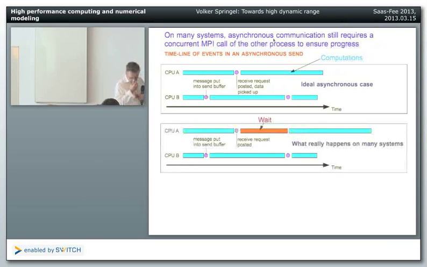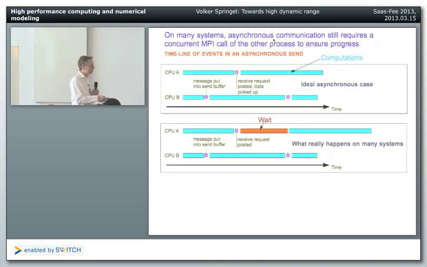But actually, often if this message is large, many MPI libraries, though maybe some have improved, this is system dependent, will do this: B puts this into a send buffer and flags it, but when A wants to pick it up, it still needs the cooperation of B. So it will not do anything until the next time B calls an MPI function.